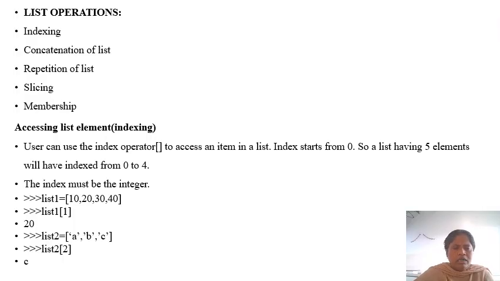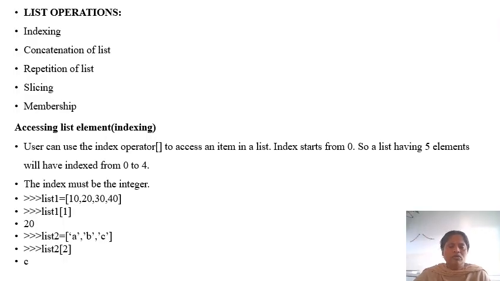Whenever we access a list using an index, we are able to access the value. For example, if I want to access the index position 1 value, I can write list1 of square bracket, and mention the index value. I get the value at that index position.